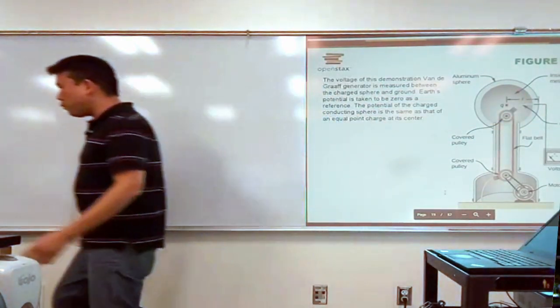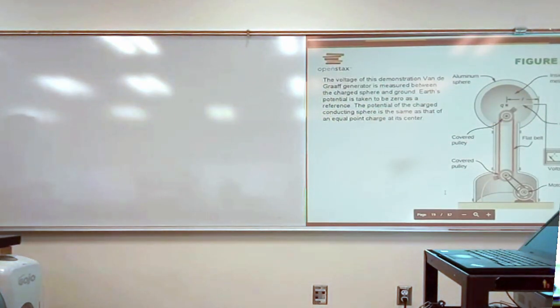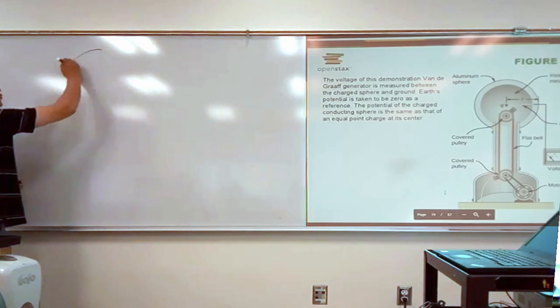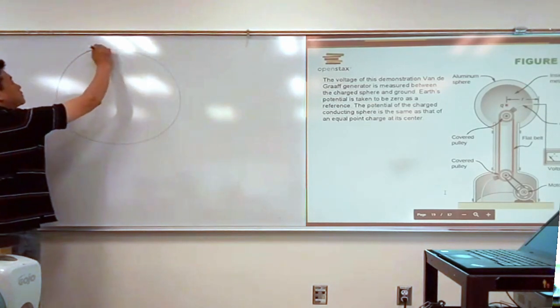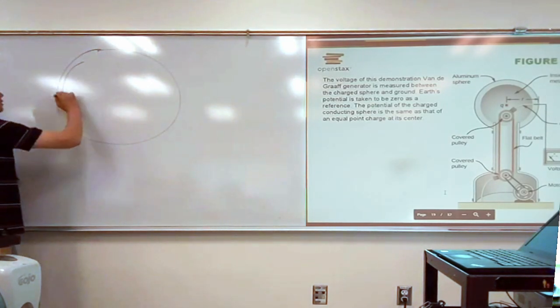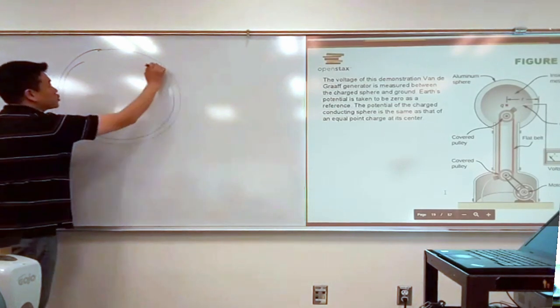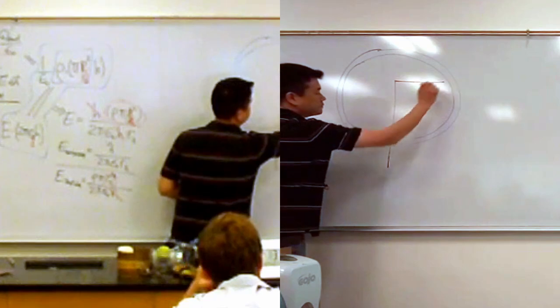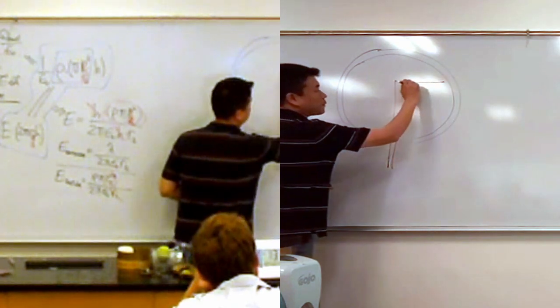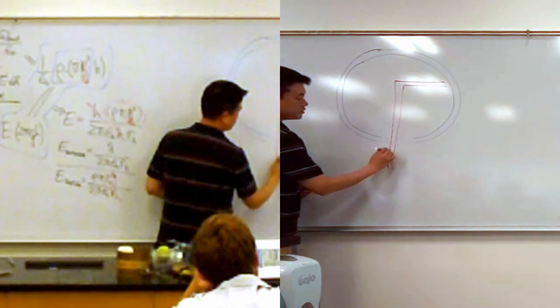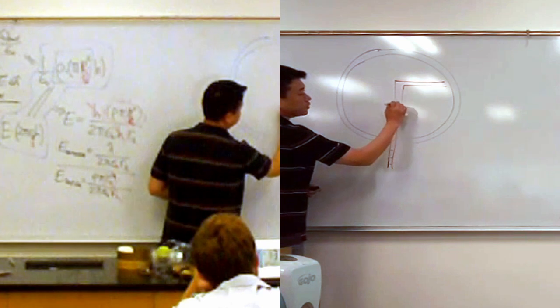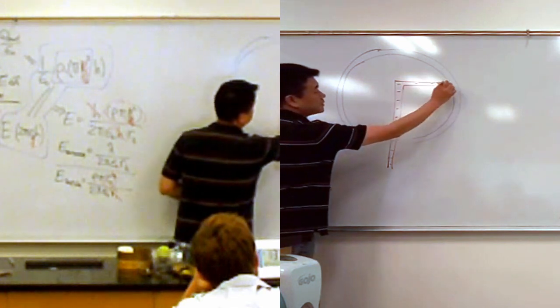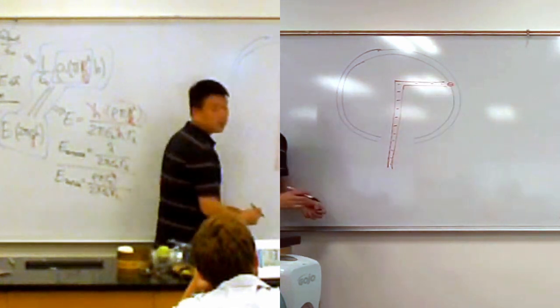And so what do you think will happen to the charge? Let me draw this simplified picture that's a little bit larger. So this is a conducting shell. Essentially, I have some sort of mechanism to bring up, let's say, negative charges, and deposit them on the surface here.